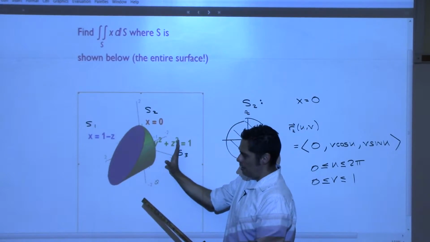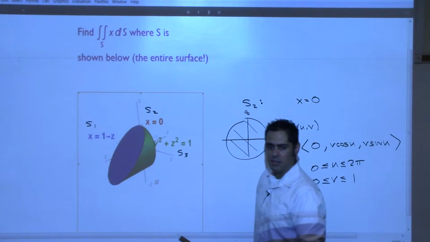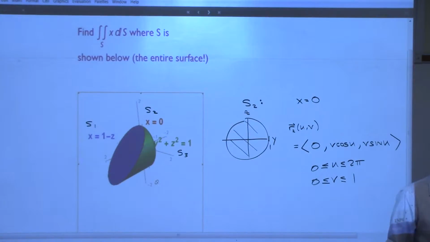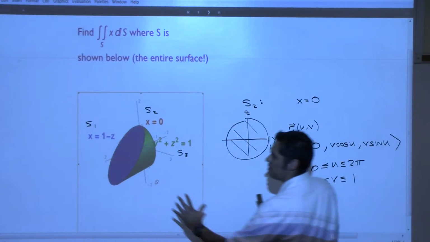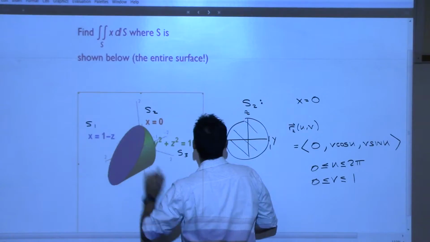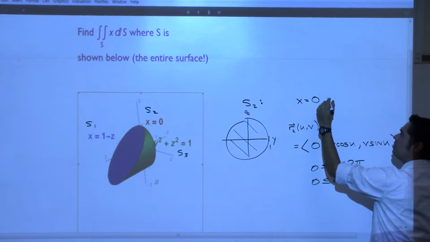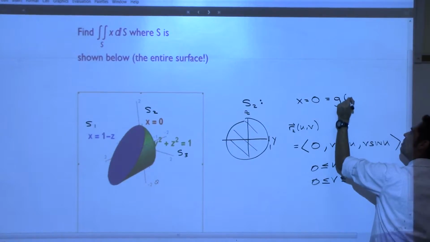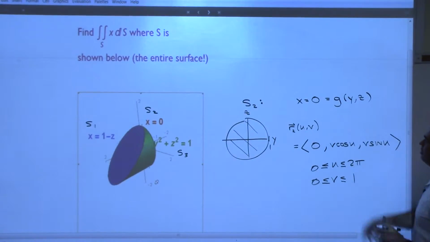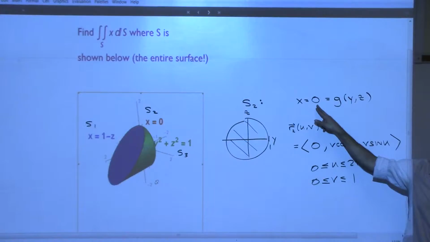Is it a surface this way? No. Is it a function of y and z? Yes, it actually is. Your x value, you could look at this as a function of y and z. It's actually g of y, z, but what is the function? 0. It's 0, isn't it? Understand?